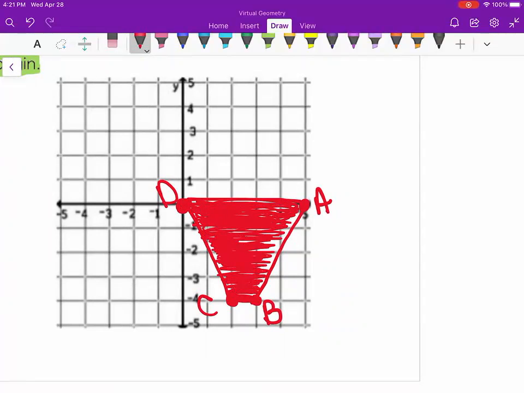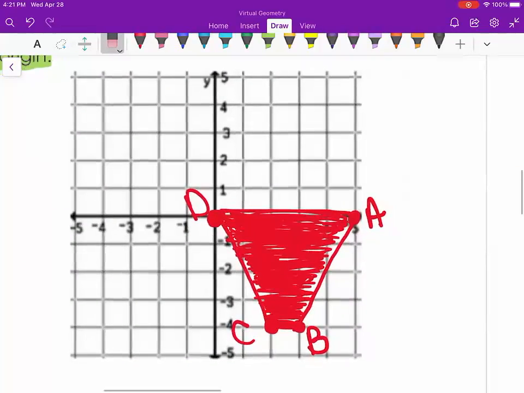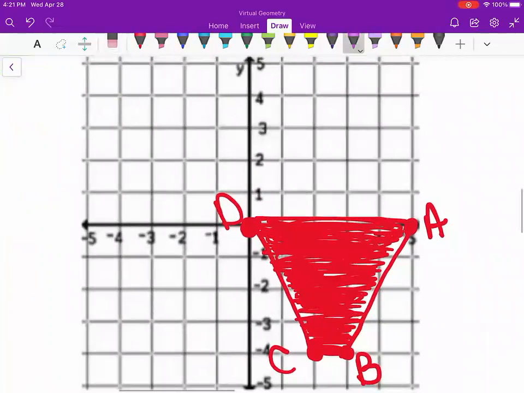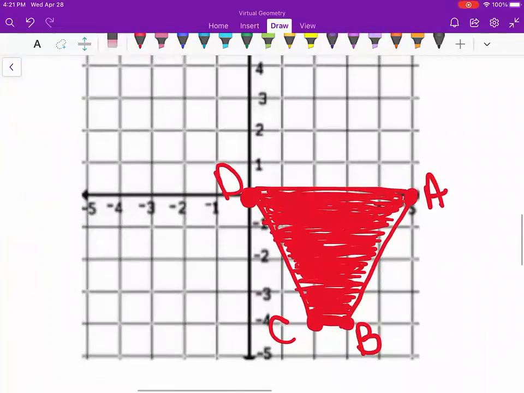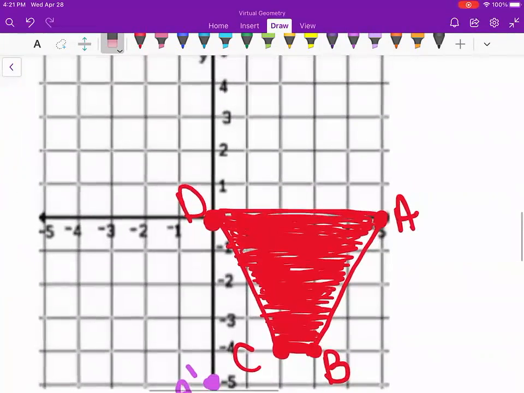So let's graph our new points now that we've applied the rule to it. All right, so we have 0, 5 for the first one. Sorry, 0, -5. So my A prime is now down at the bottom. -4, -3.